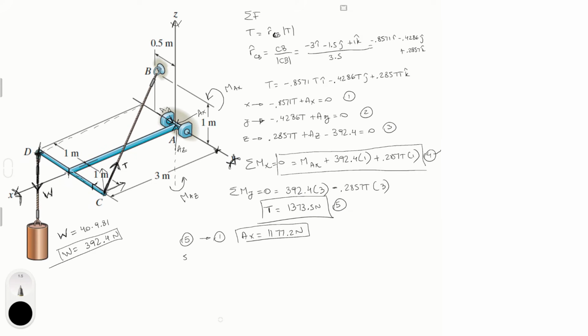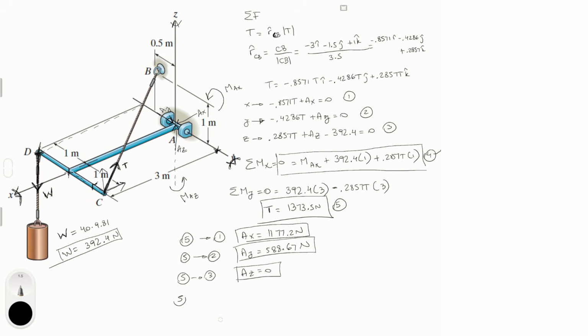We plug 5 into 2, and we get that Ay is equal to 588.67 newtons. We plug 5 into equation 3, and we get that Az is equal to 0.